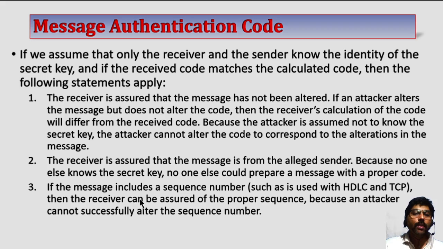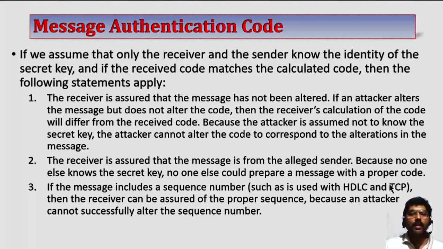If the message includes a sequence of numbers, some protocols like HDLC or TCP add a sequence number to the packets. In that case, the receiver can ensure the proper sequence. Sometimes the packets are not in proper sequence, because the opponent may alter the sequence order.